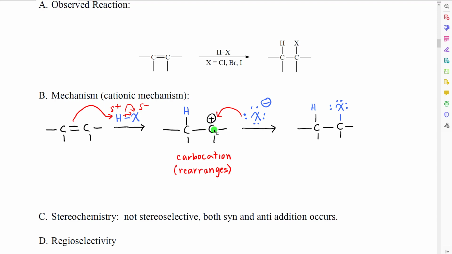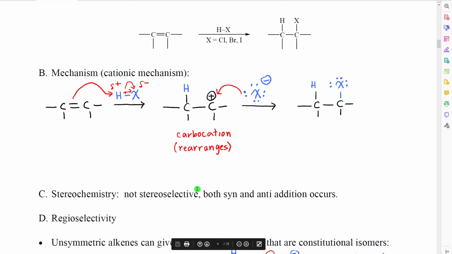If the carbocation can rearrange to become more stable, it will. Once it's done rearranging, a nucleophile can then react with the carbocation carbon using a pair of electrons to make a bond to that carbon and produce the product. This reaction is not stereoselective.